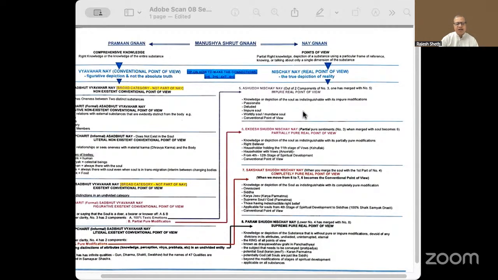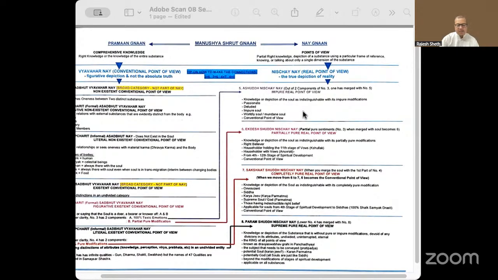So this justifies the name ek desh shuddh nischay nai, partially pure real point of view. This point of view describes the soul as one with its partial pure modification. So the seeker is known as an enlightened soul. The monk, the layman, the laywoman, Shulak, Ellak, all come under this point of view.